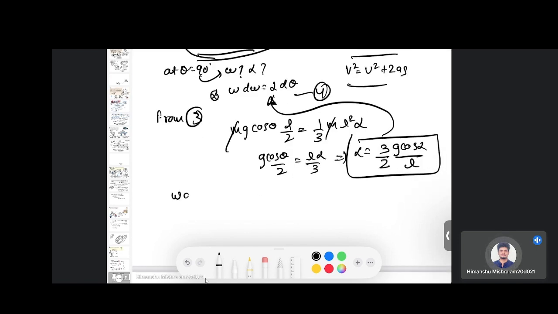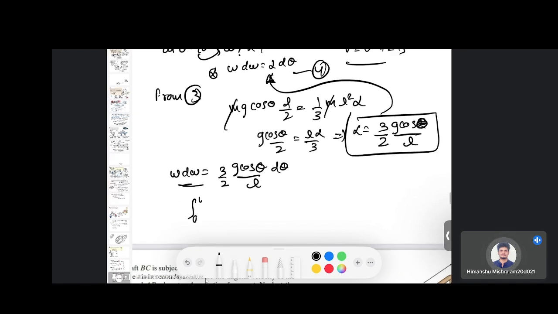So omega d omega equals 3 by 2 g cos theta by L d theta, right? Now you can see you can integrate this equation. So from 0 to omega, omega d omega equals 3 by 2 g by L, from 0 to 90, which is given. 90 is the final position.